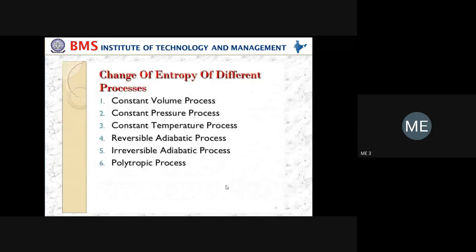These are the three standard derivations for entropy change for any process. Understood these derivations? Any doubts? Do you have any doubts in this derivation?